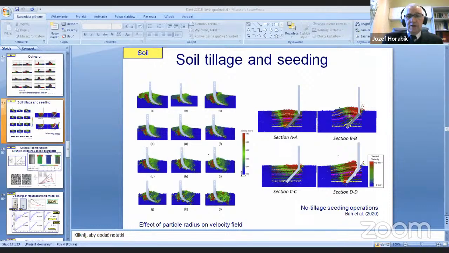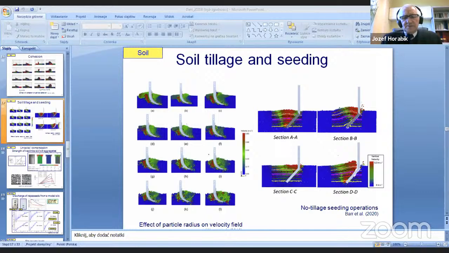Comparing these two graphs, we can see that for dry seeds a very big scatter of results was obtained, but a much smoother line was obtained in the case of the viscoelastic contact model. Comparing with the DEM modeling, we can see that both processes for dry and wet seeds can be modeled.